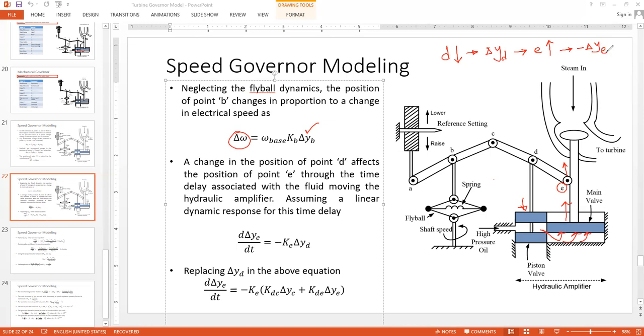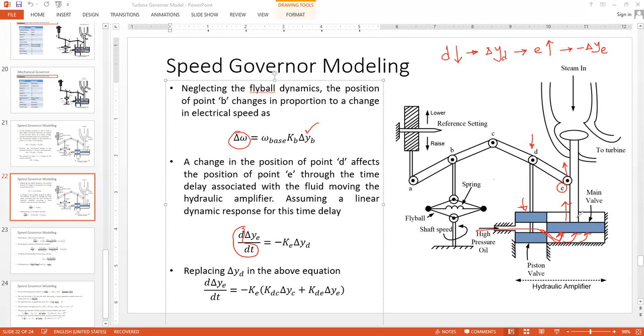But if we are interested in the dynamics of this, then we have to take the d by dt with it. So basically this point D movement and point E movement is not instantaneous. That means once point D moves, the oil has to flow in and put pressure on the main piston valve, which is a pretty heavy part of the mechanism.